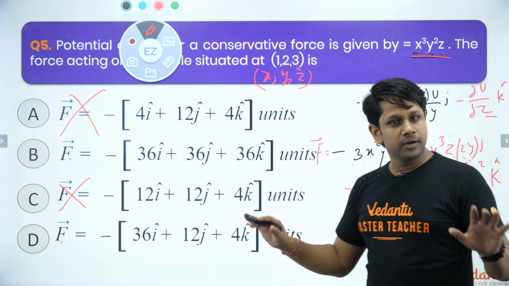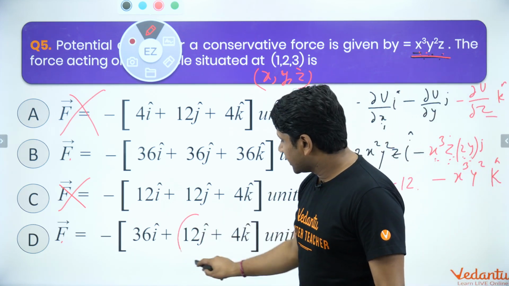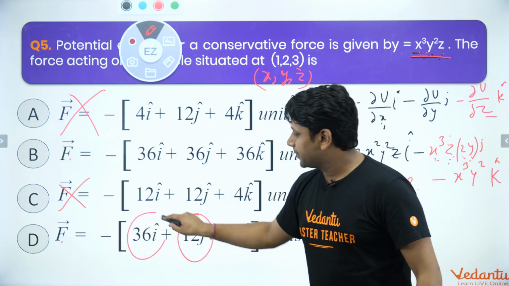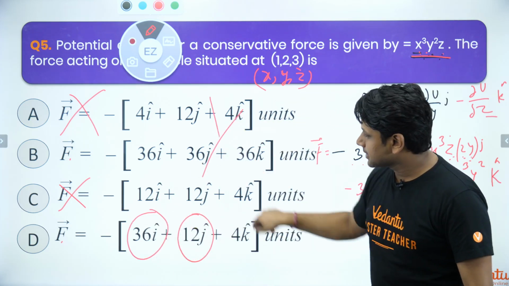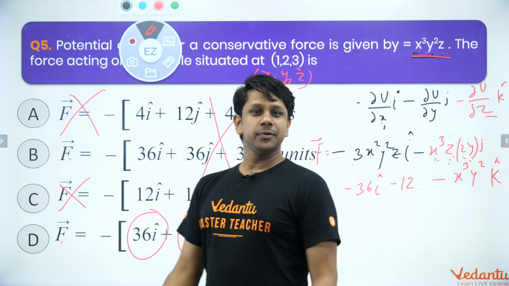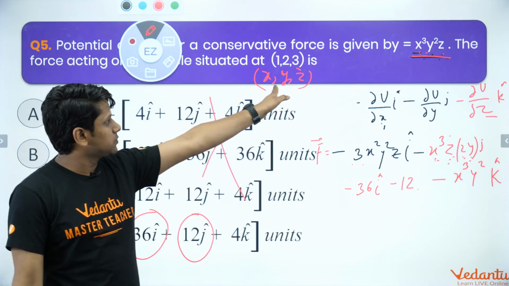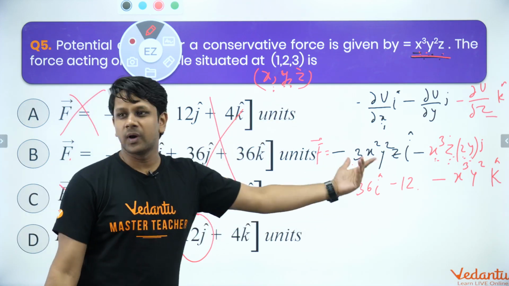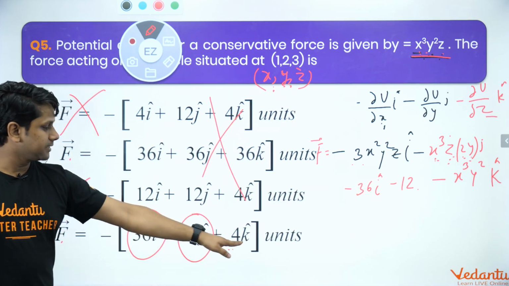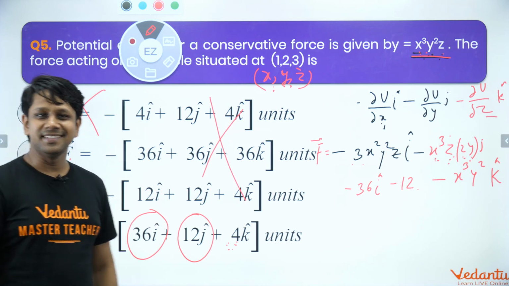Now I don't have to move ahead. 12 यहीं पे लिखा है, 36 यहीं पे लिखा है और कोई भी ऑप्शन ऐसा नहीं है. By the way, you can find out the last one also, x cube y square. x is 1, y is 2, y square will be 4, तो यहाँ पे 4 आ जाएगा, है ना? माइनस बाहर ले लीजिए, done and dusted.